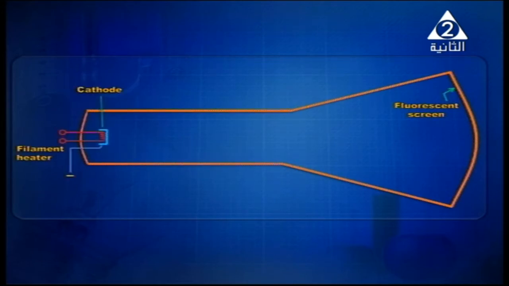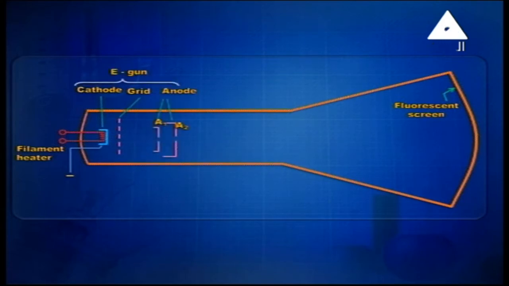It is the cathode, and the function of the cathode is to emit electrons. And we've got something very important because it has great effect on the electrons emitted from the cathode. It is the grid, and we've got an anode.